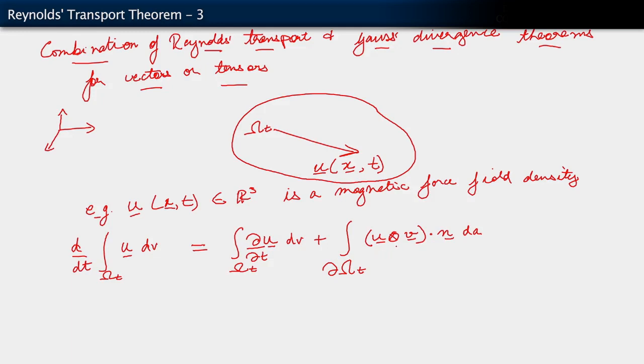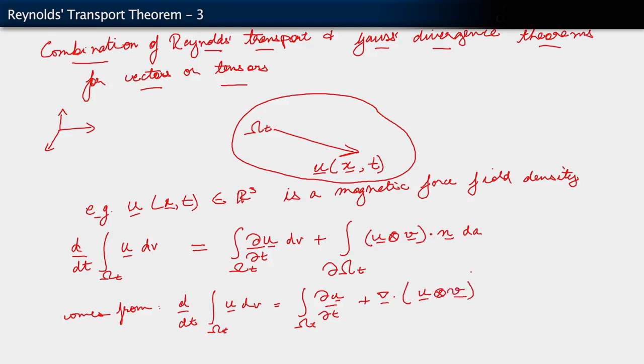The way that comes about is that Reynolds transport theorem on its own tells us that the derivative of the integral over omega t of u dv equals the integral over omega t of the partial time derivative, which stays just the same as in the line above, plus the divergence of this quantity u tensor spatial velocity.